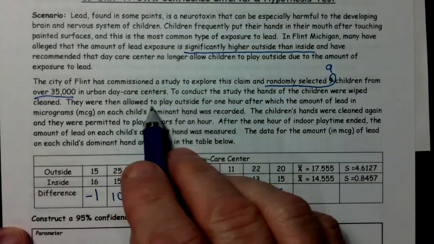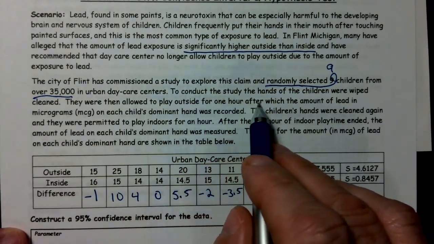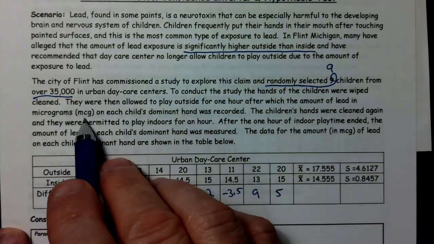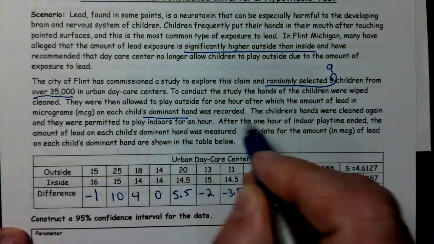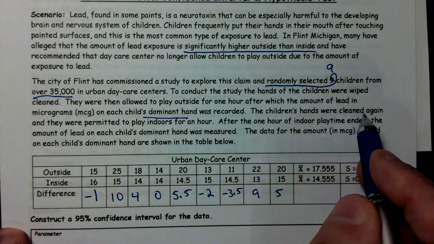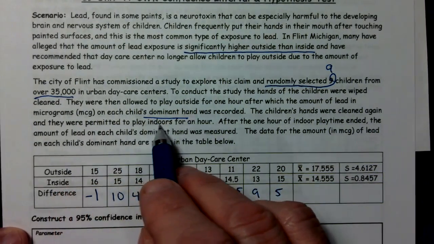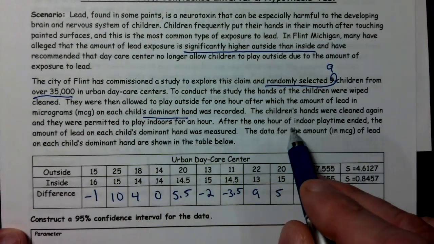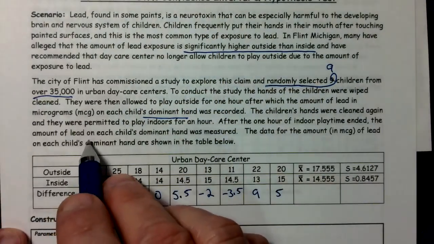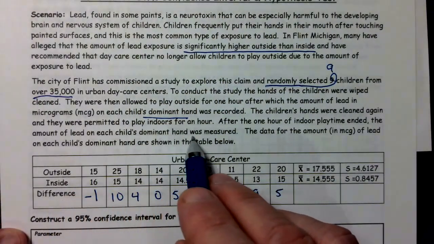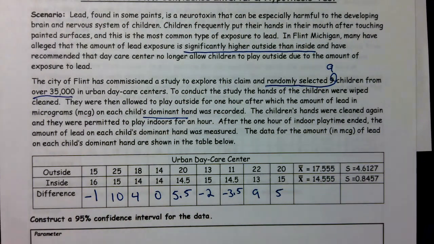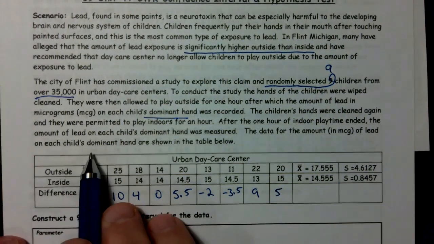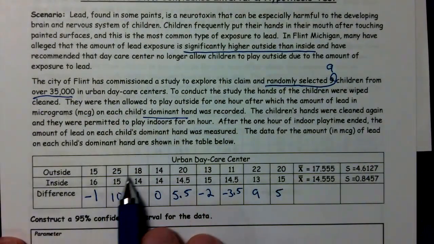They were then allowed to play outside for 1 hour, after which the amount of lead in micrograms on each child's dominant hand was recorded. The children's hands were cleaned again, and they were permitted to play indoors for an hour. After the 1 hour of indoor play time, the amount of lead on each dominant hand was measured. The data for the amount in mcgs of lead on each dominant hand are shown in the table below.